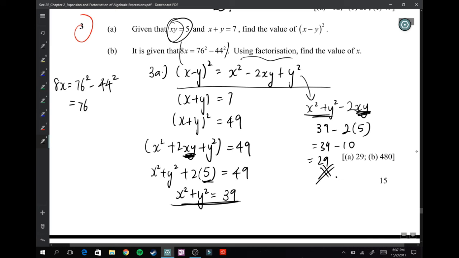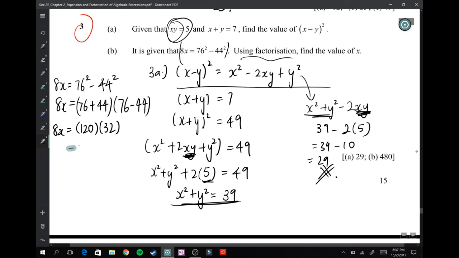So you just write (a plus b)(a minus b), which gives you 8x. 76 plus 44, you get 120. And 76 minus 44, you get 32. So 8x equals 120 times 32.